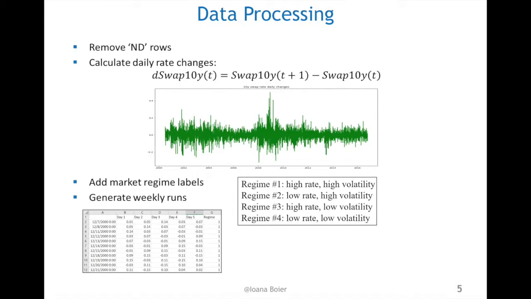Regimes are labeled 1 through 4, and the label has been added as the last column in the input data. A 5th regime has also been included for the weekly runs to characterize the weeks in which at least one regime switch occurs. For the purpose of this presentation, however, the 4 main regimes are illustrated.